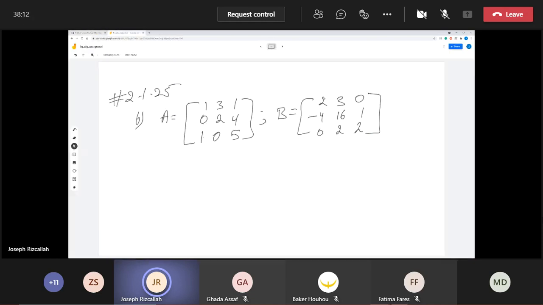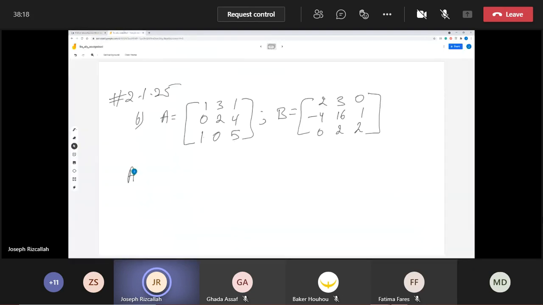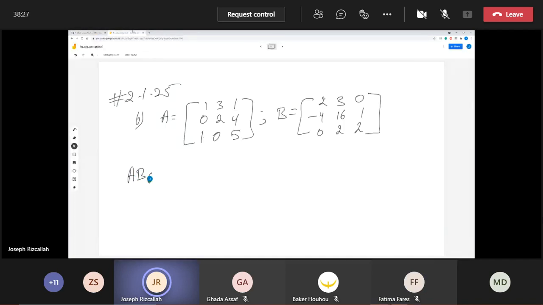So we need to find the 1-2 entry and the 2-3 entry. So we need to find AB, right? They said AB, I think. Right, doctor. Yeah, AB, the 1-2 entry. To find the 1-2 entry, I need to use the first row in A and the second column in B. Let me do it in red.